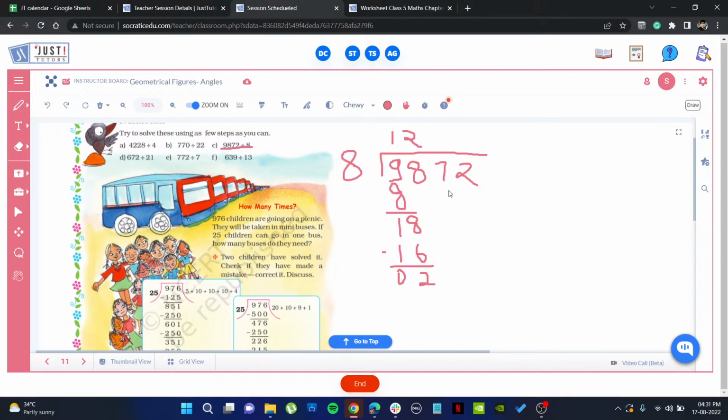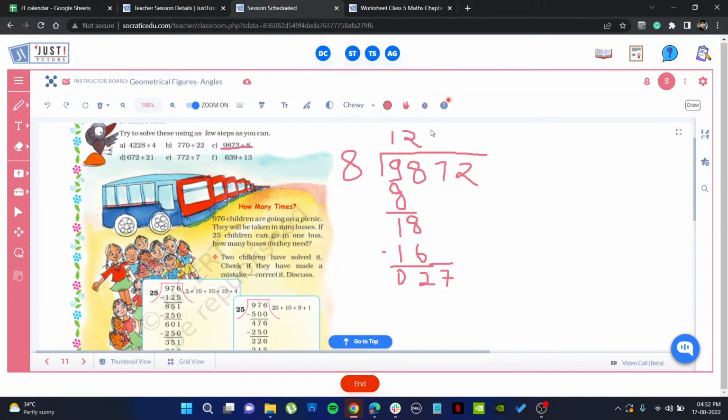Now similarly, we'll follow the same approach where we bring this 7 down, and our number becomes 27. So now we need to divide 27 by 8. Therefore we should times 8 by a number so as to get a number near 27. What could that number be?